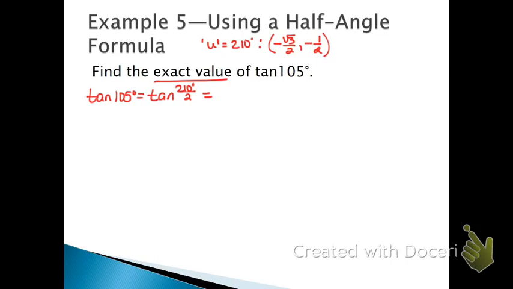So we're going to use that tangent of U over 2 is equal to 1 minus cosine of U over sine of U. Alright, so we get 1 minus cosine, you told me U was 210 degrees, over sine of the 210 degrees.